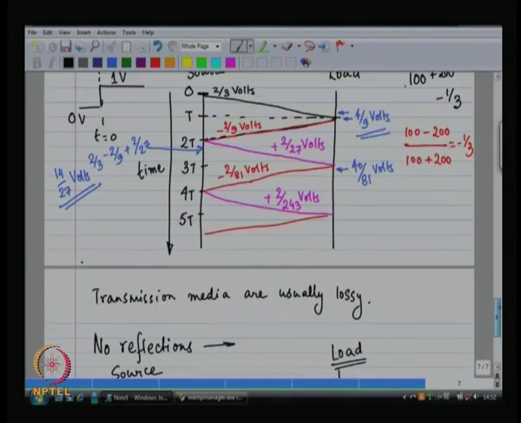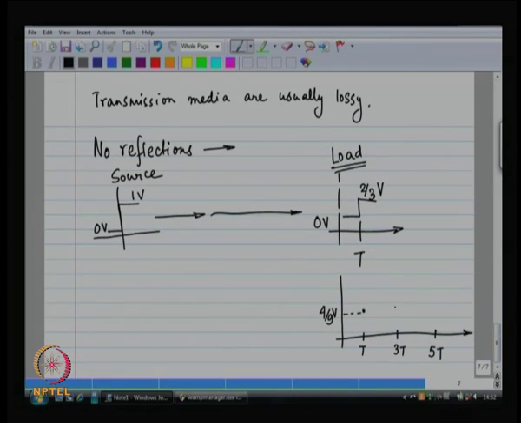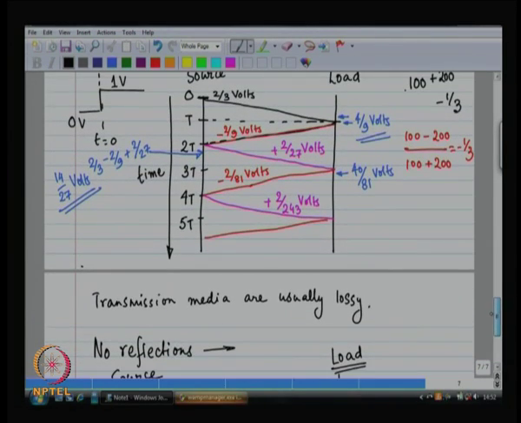At time 3T, I got 40/81 volts. And at time 5T, I did not compute, I probably got 121/243 volts, no, 120/243 volts.